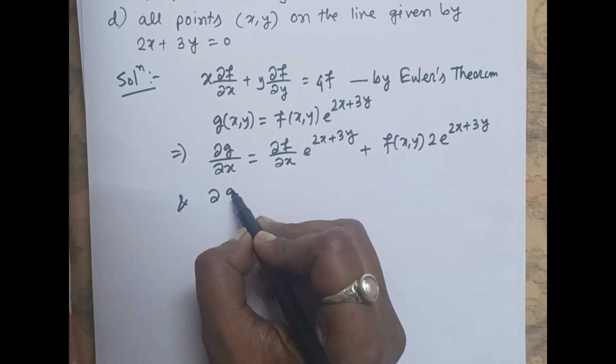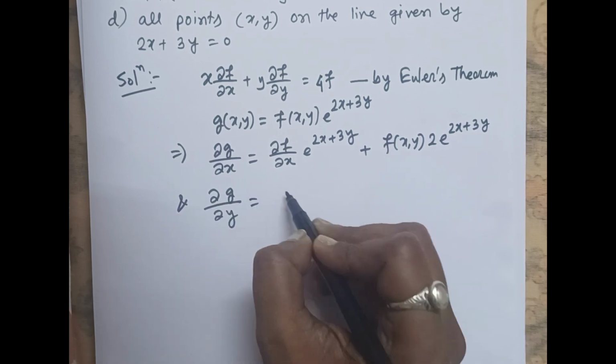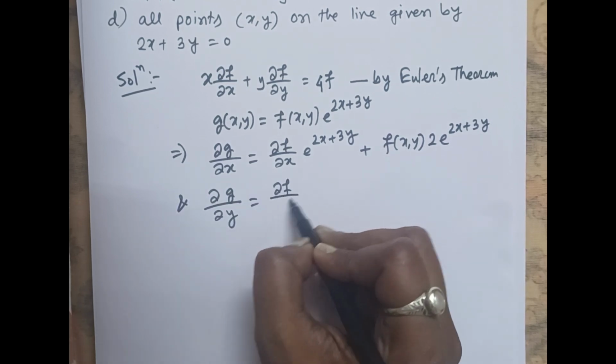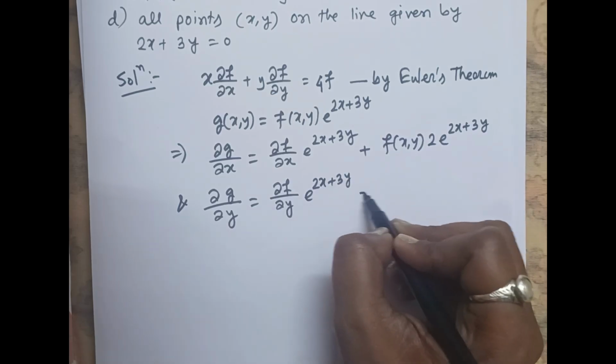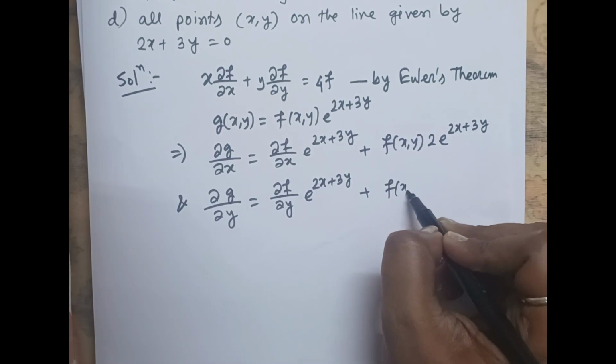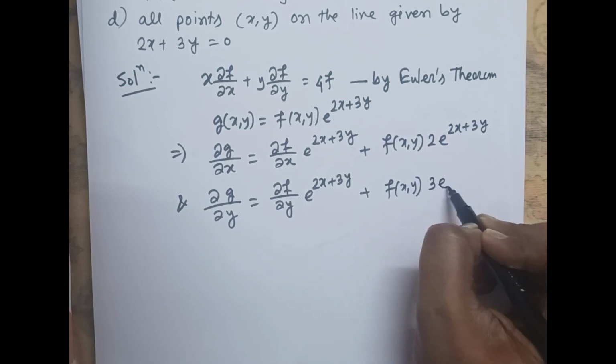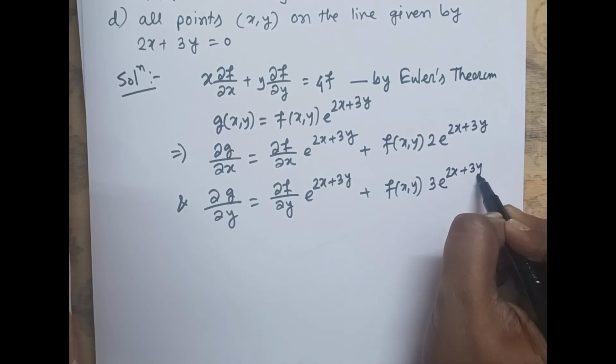And similarly ∂g/∂y = ∂f/∂y e^(2x+3y) + f(x,y) · 3 e^(2x+3y).